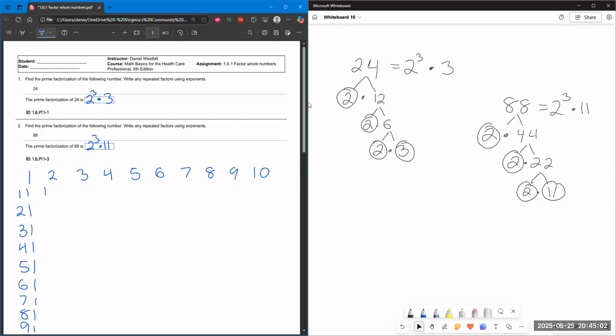I'm just trying to make sure I give myself space, writing my rows first here. Space everything out well. And just give me a second to write everything from 1 to 100 for you.